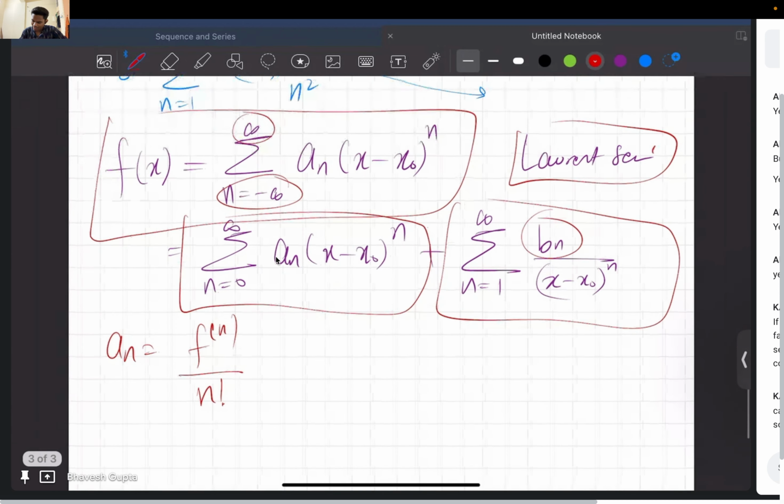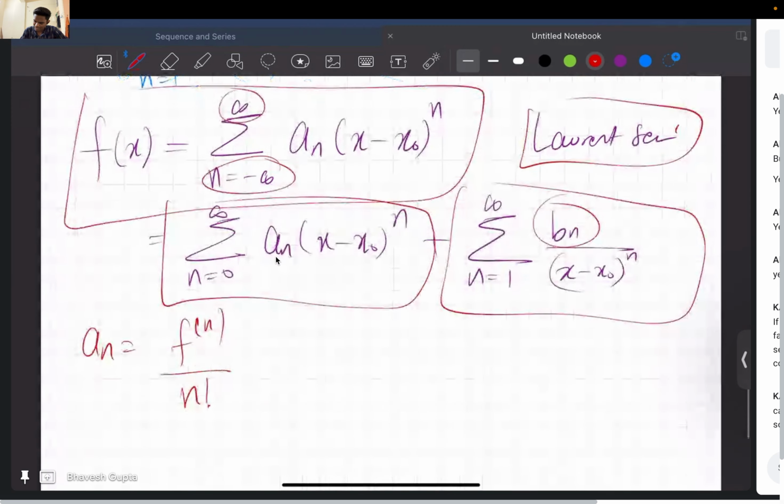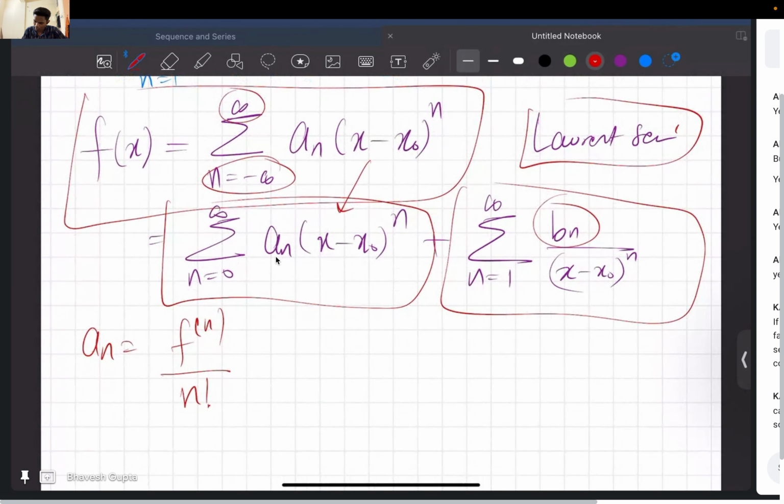The thing is that this Laurent series has two parts. One is your good old Taylor, and you have this singular part. So the Laurent series is always true, no matter what kind of point x naught is.